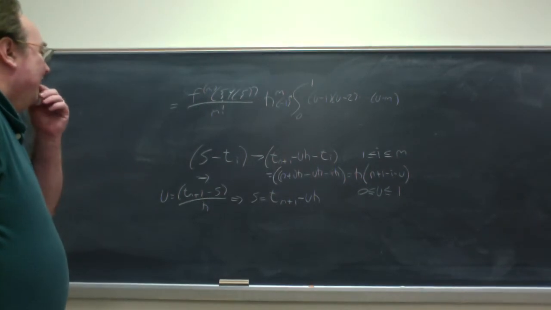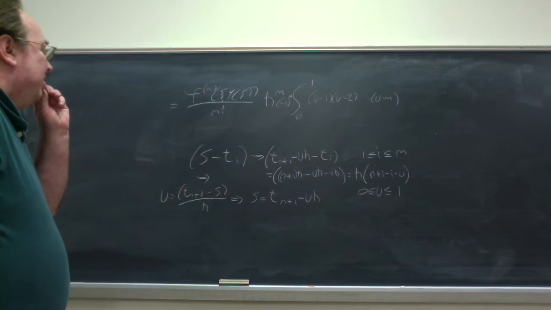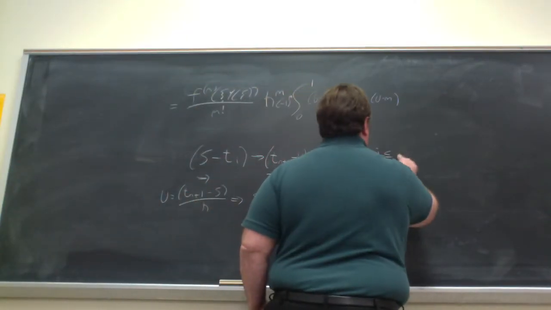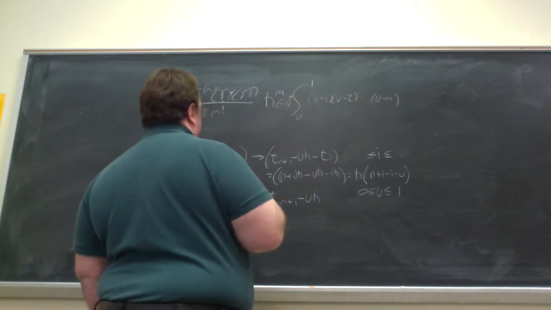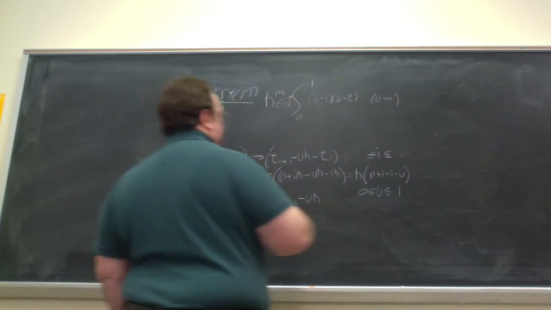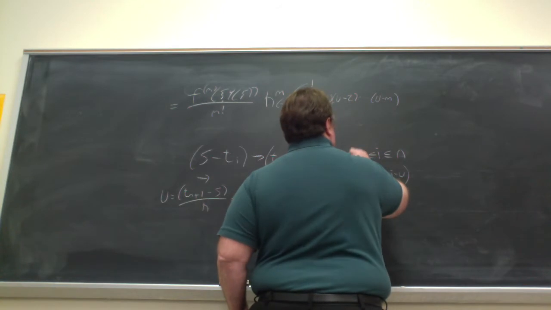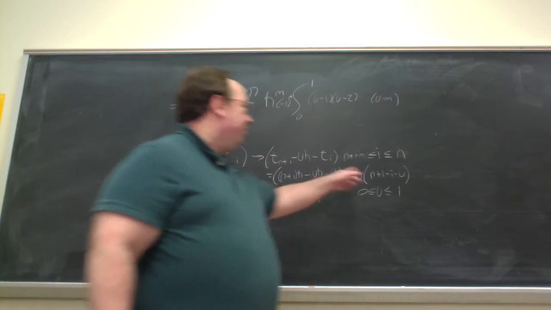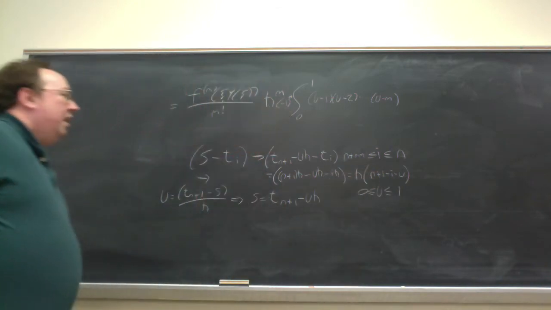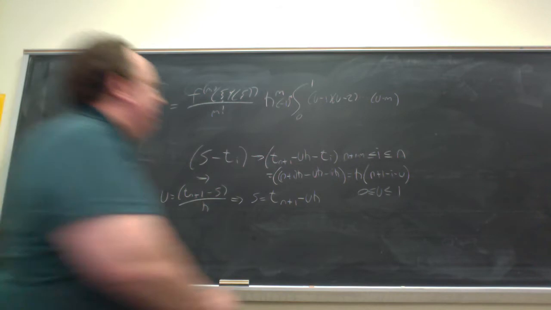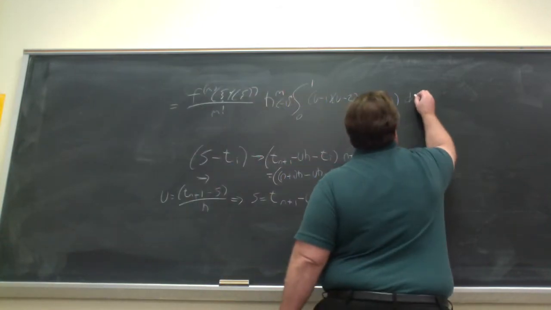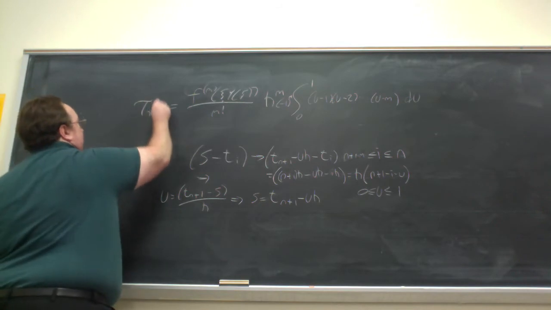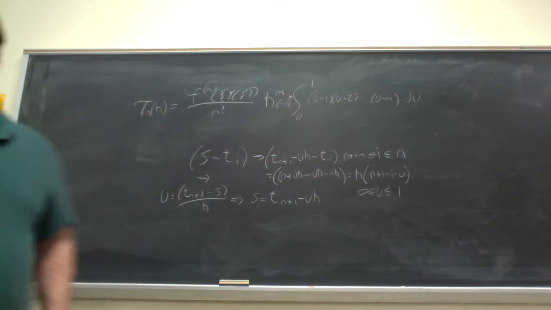Yeah, these are wrong. i goes all the way up to n. So that's why these integers here end up going from 1 to m, after we simplify as much as we can. Okay, so this is the local truncation error, tau_n of h.